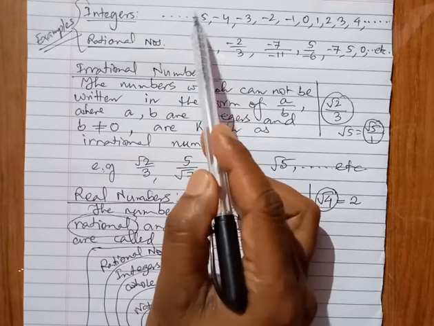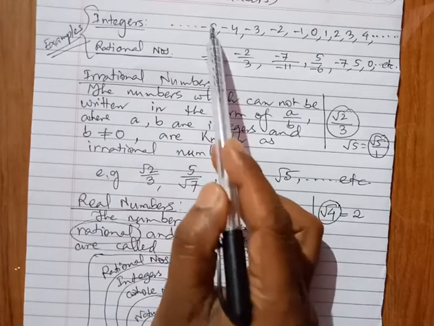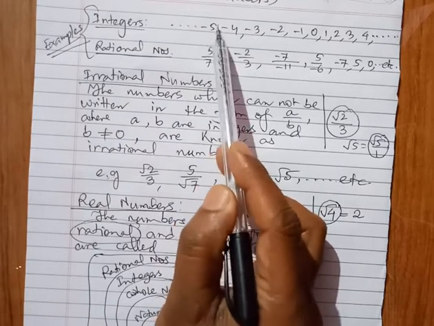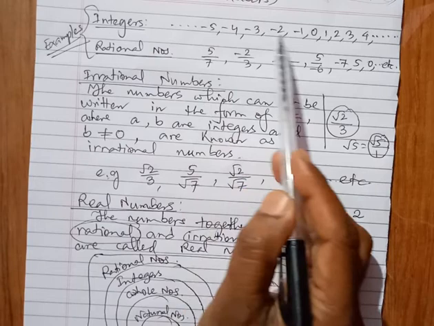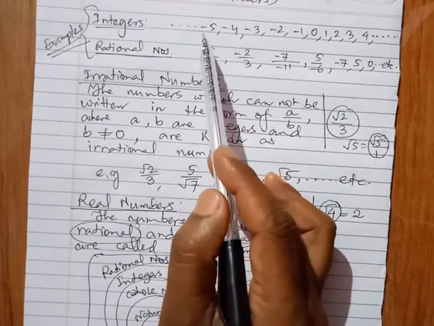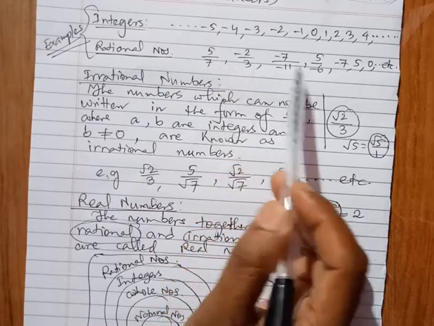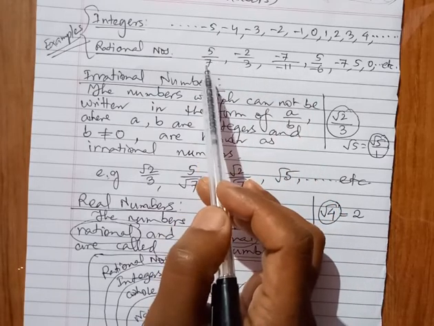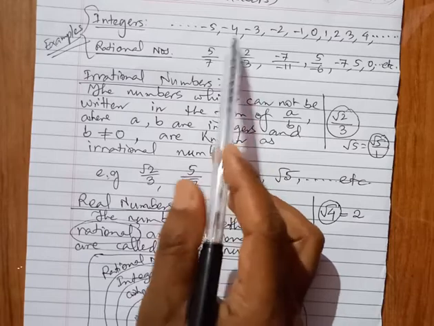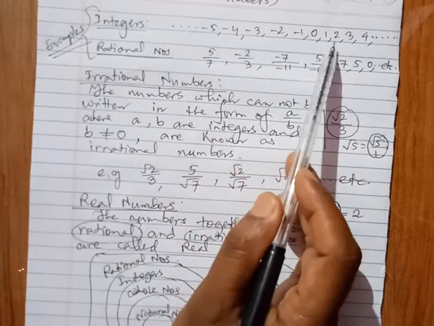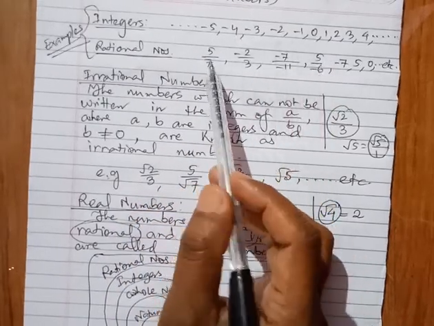But -5 is an integer. This can be a rational number. So every integer is a rational number, but every rational number is not an integer. For example, 5/7 is rational, but it is not an integer, because in integers we cannot find any fraction.